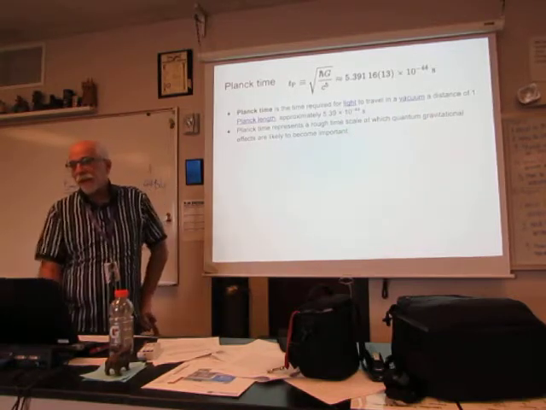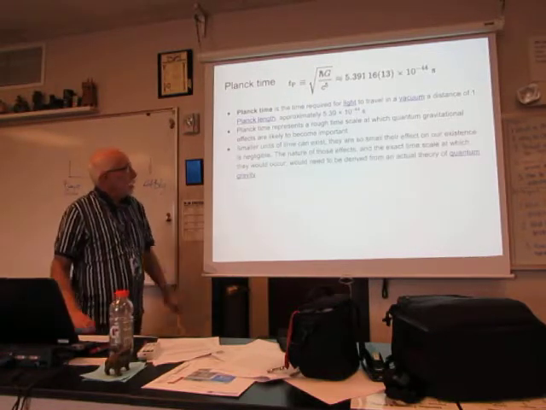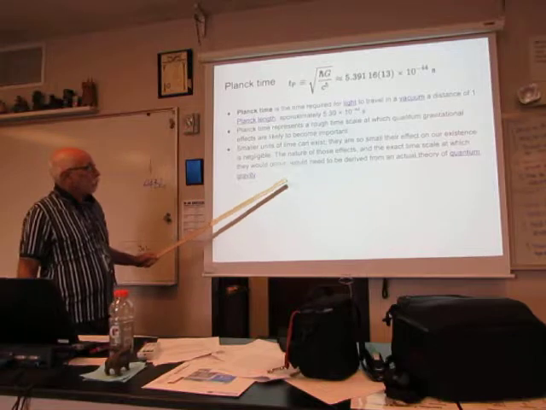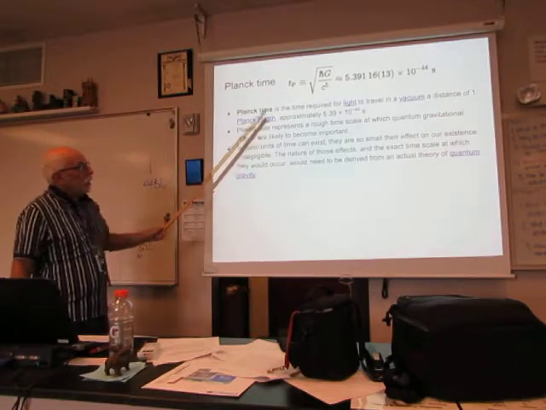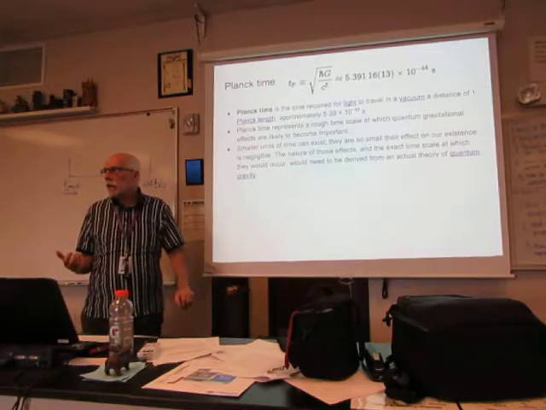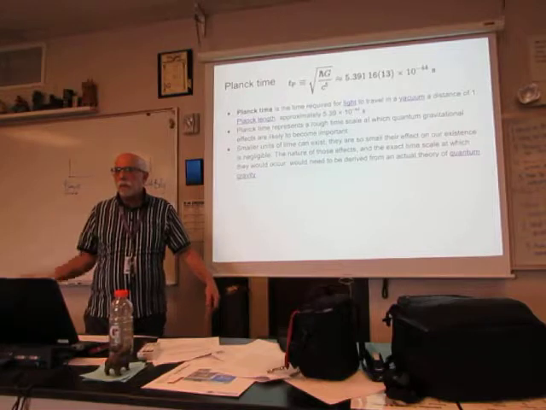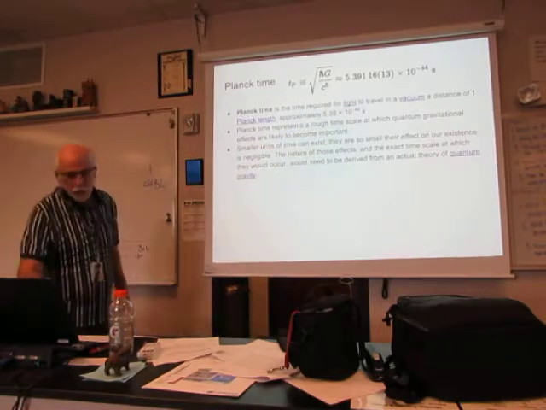So that's speculation at this point? Yeah. Okay. And the idea is that at times shorter than this, nothing can happen in the universe that affects the behavior of the universe. It just is meaningless to talk about time shorter than this.